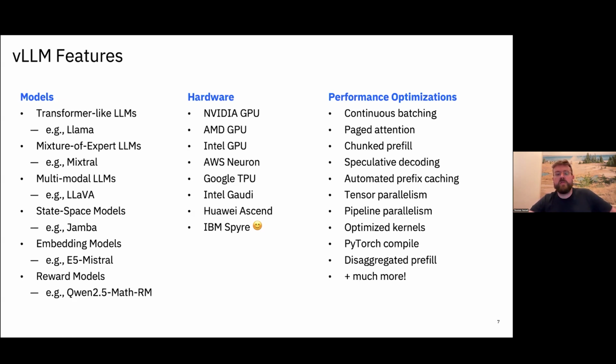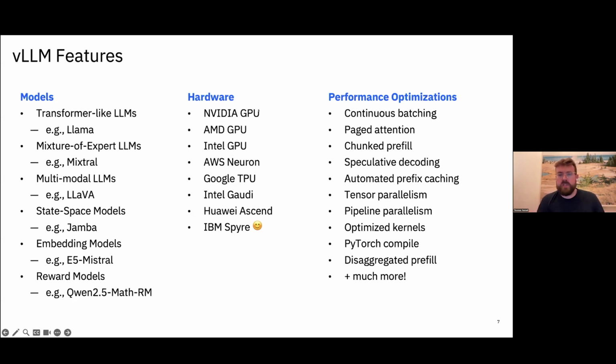These are emerging models from academia, which have very different characteristics to attention-based models. They have to be handled in a different way, but can be very promising in some domains. Finally, we can support embedding models and reward models on top of the rest. In terms of hardware, of course, many people use vLLM on NVIDIA GPUs.